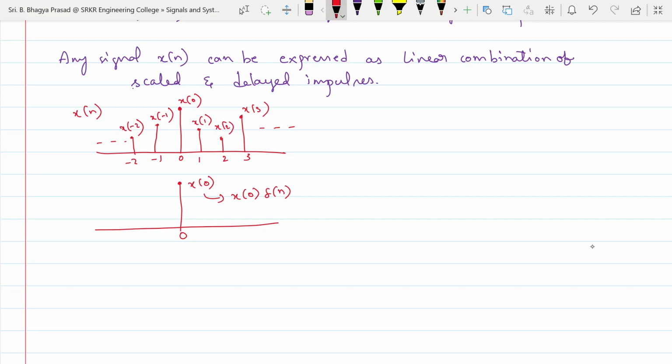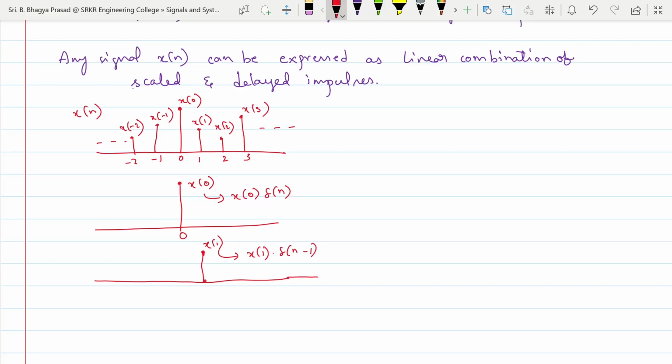And the value x of 1 is represented as x of 1 multiplied with del of n minus 1.